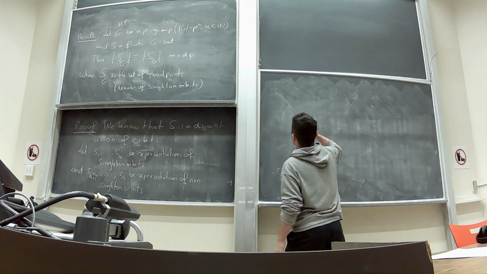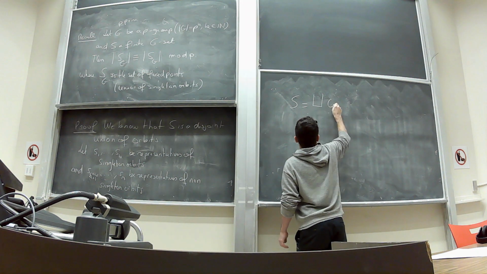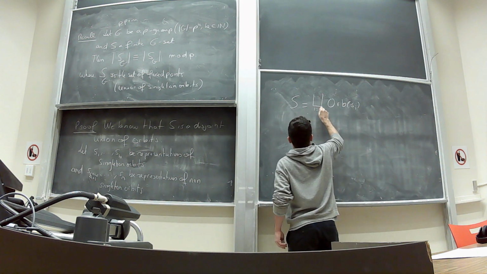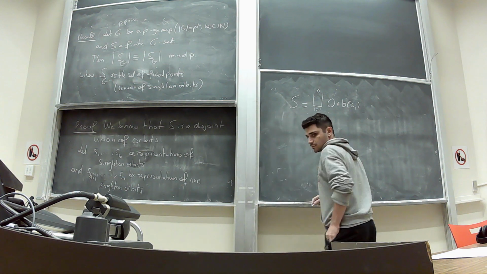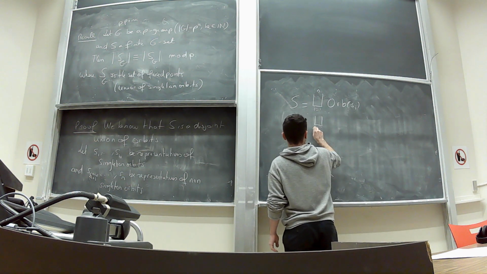Okay, so I can write S is a disjoint union of orbits S_i, for i equal 1 to n. Then I split this union.